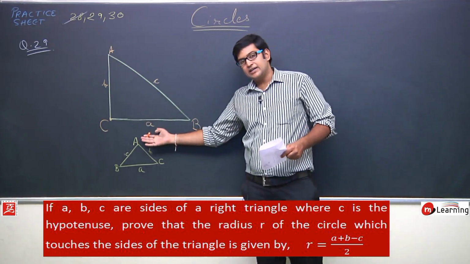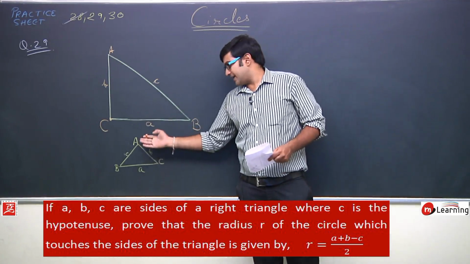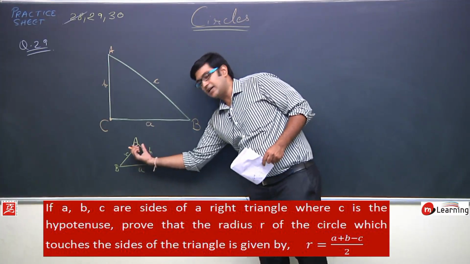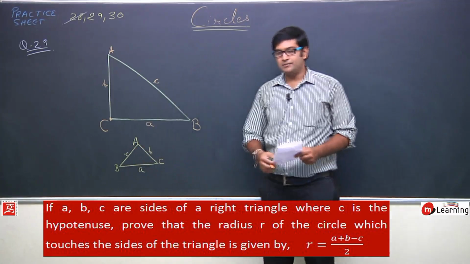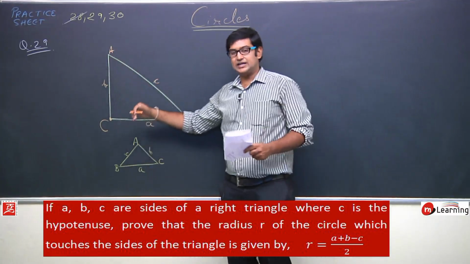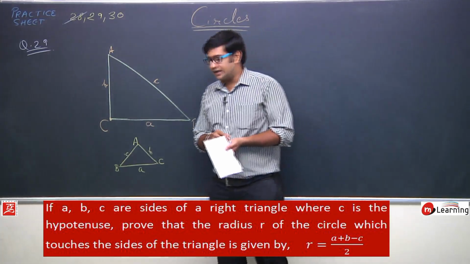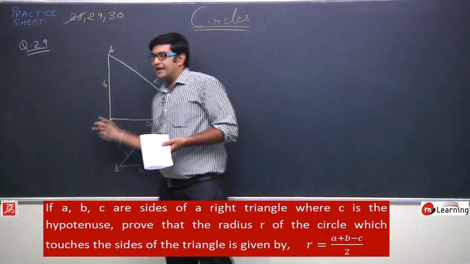If this is A, then the lower case of this capital A is this side. The length of this side is denoted by the lower case of this vertex. Okay. So opposite vertex and side, this is a representation that we use in triangles. So this is the diagram.